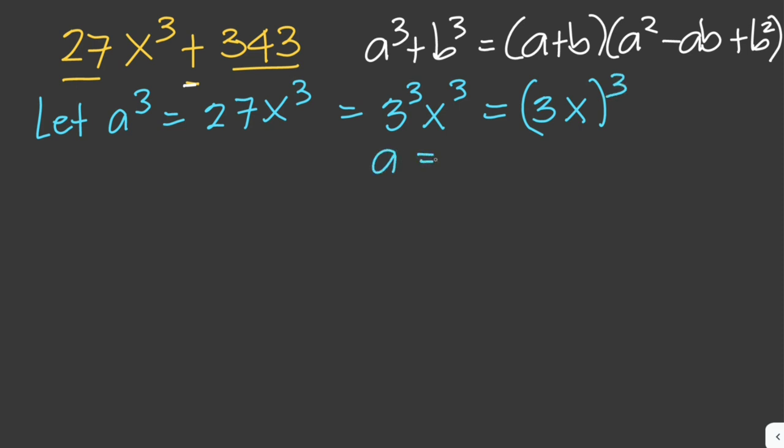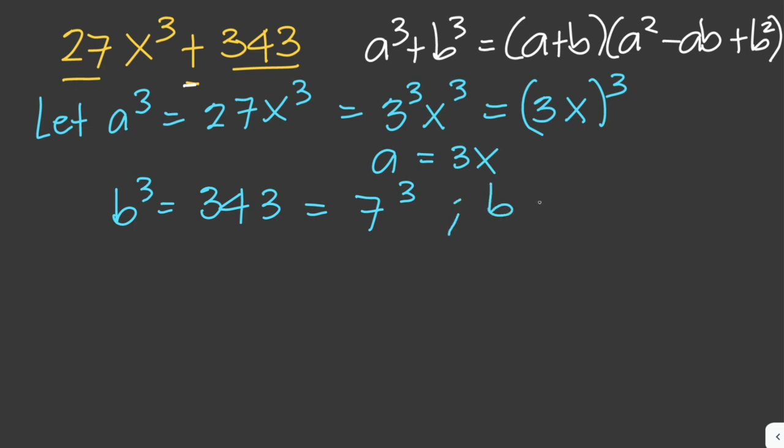Therefore, the value of a here is 3x, and then we let b cubed be 343. Then 343 is a perfect cube. We can write this as 7 cubed. Therefore, b is equal to 7.